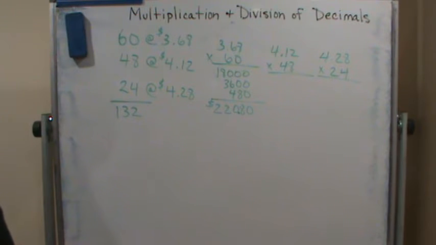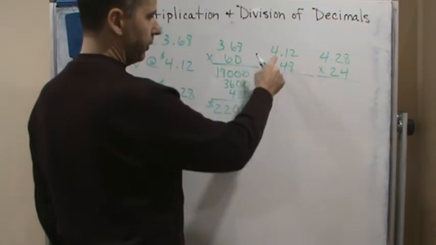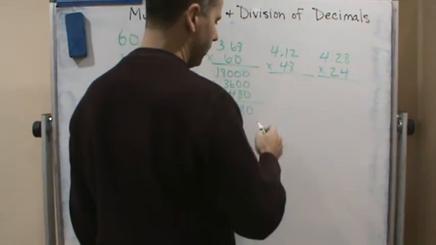Okay, so now the next one. We're going to do the same thing. I'm going to multiply this again, ignoring the decimal.